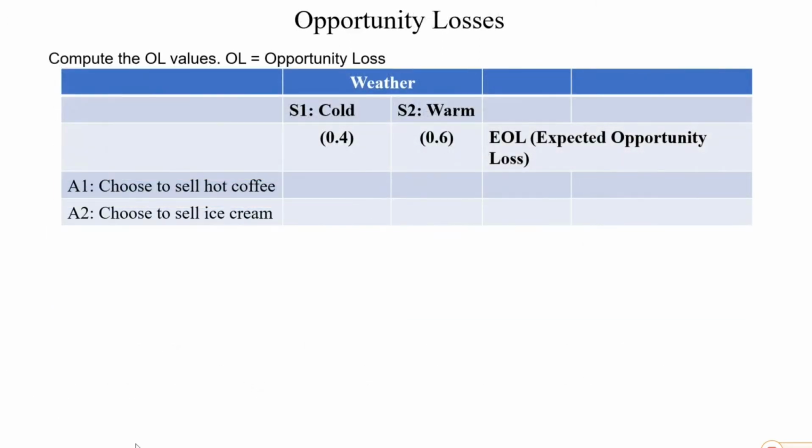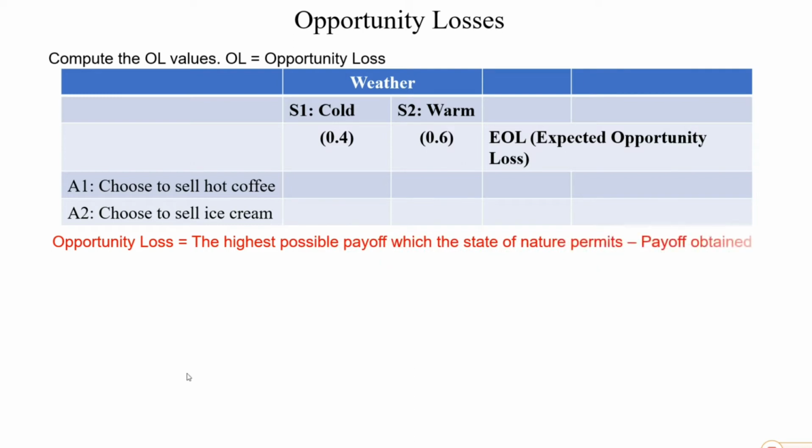Next, now we prepare a table for opportunity loss values, the same structure with blank entries. Okay, OL values, opportunity loss. So what is the opportunity loss? The highest possible payoff under a state of nature, minus the payoff one obtained in the payoff table.